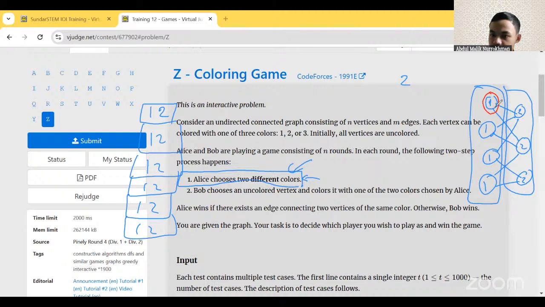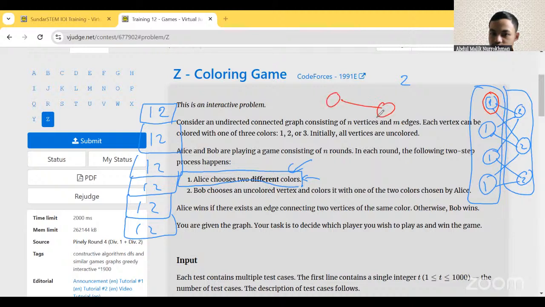So if you want to go back to the same part, the total length will be even. But if there is an odd cycle, then we cannot make the graph into 2 parts.